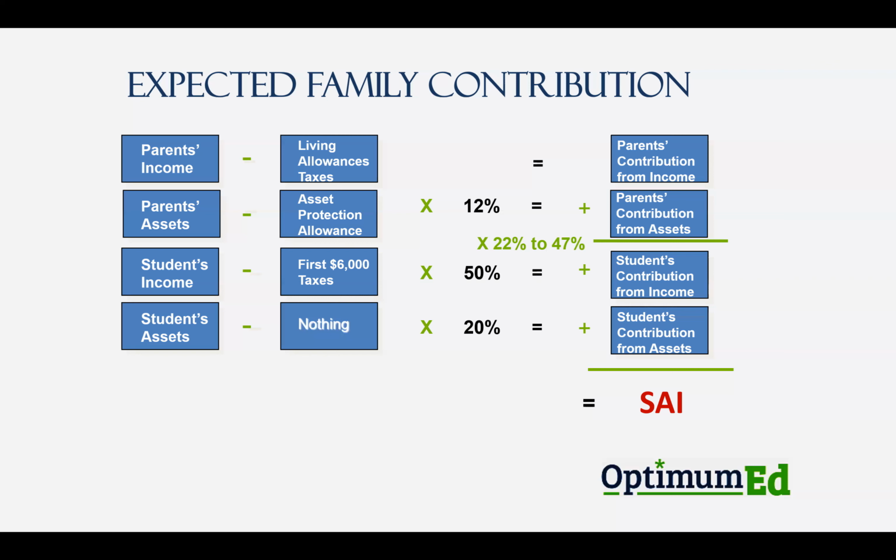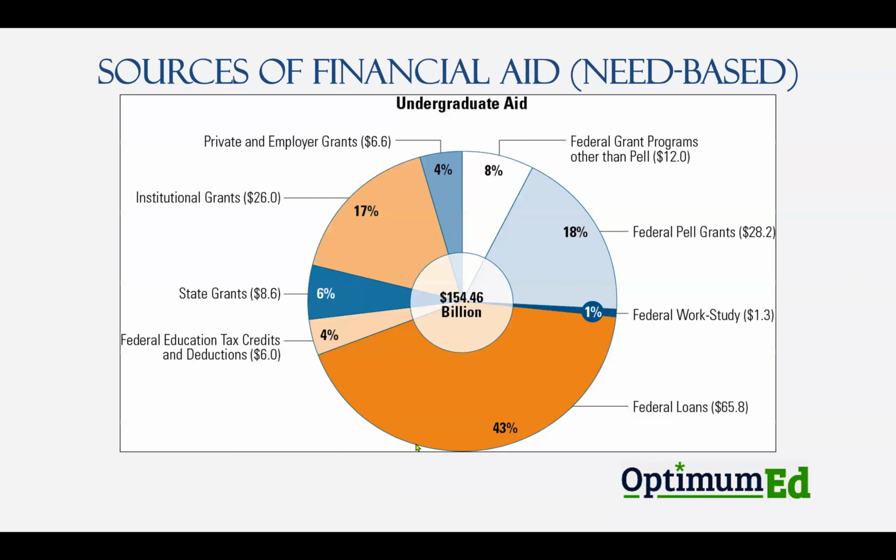So there's reason to go through the process of applying, as well as having access to federal loans, because without filing the forms, which we will talk about in a future video, you will not have access to student loans.